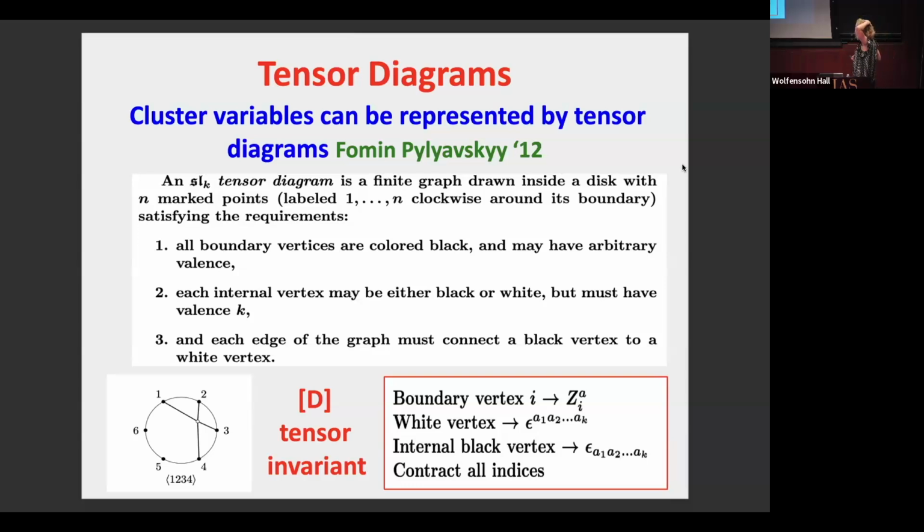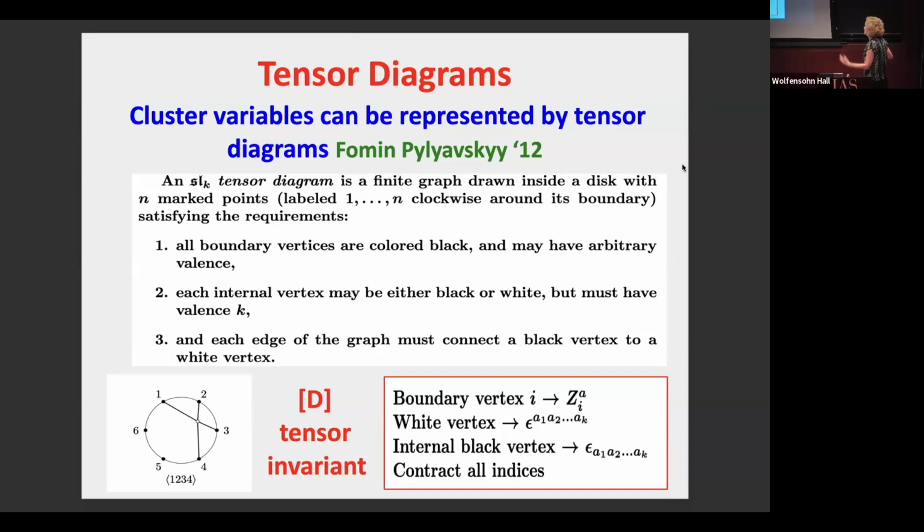So an SLK tensor diagram is a graph drawn inside a disk with n marked points. All boundary vertices are colored black, and they can have arbitrary valence. Each internal vertex may be either black or white, but should have valence k. And you can associate to each tensor... So there are certain rules. If you know them, great.